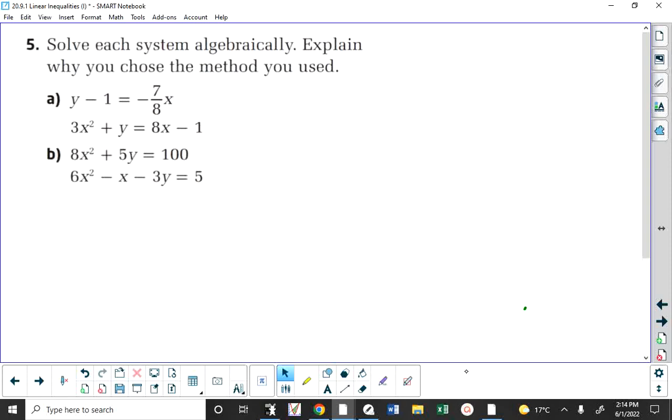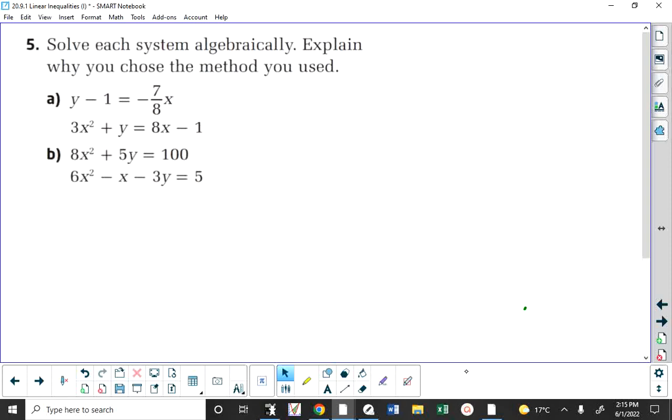I don't want to say it's never possible, but you don't want to try to get rid of the quadratics. It's almost never possible, which means we have to get rid of the y's. If I get rid of the y's, it's going to involve multiplying one equation by 3 and one equation by 5. So it's going to be a lot of work.